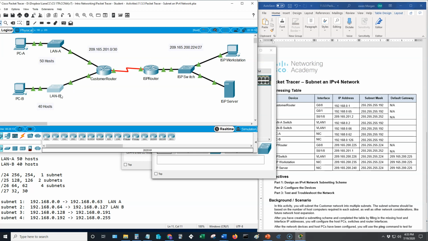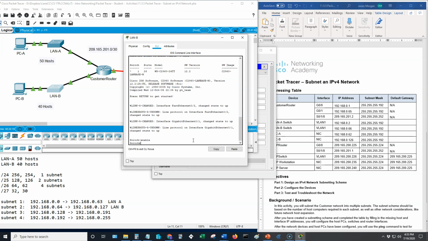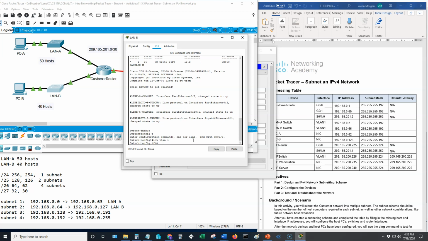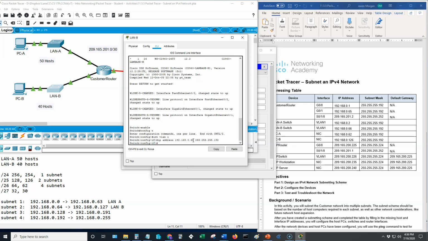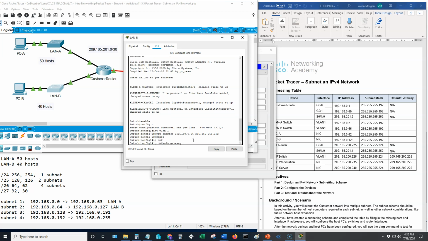Let's do the other switch. We'll enable the switch, go to the configuration, terminal level, and then we'll go to the VLAN 1, and then we'll do an IP address of 192.168.0.66. I then have to exit out of this, then we'll do IP default gateway 192.168.0.